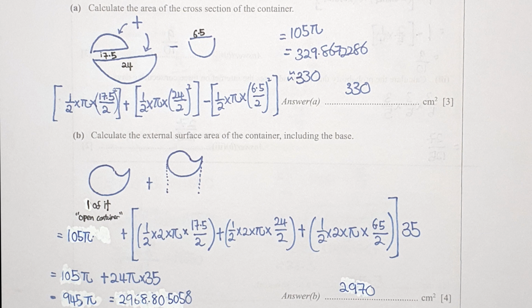However, the r squared varies. The first r is 17.5 divided by 2, the next one is 24 divided by 2, and the last one that we are minusing off will be 6.5 divided by 2. After all the calculation, you should get 105 pi, which translates into 330 after rounding to 3 significant figures.